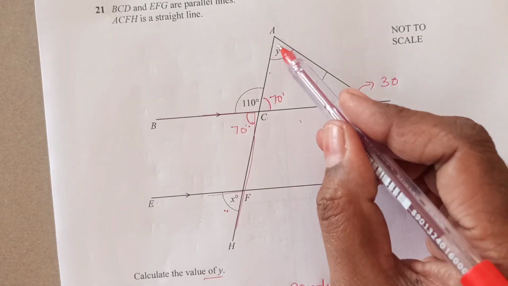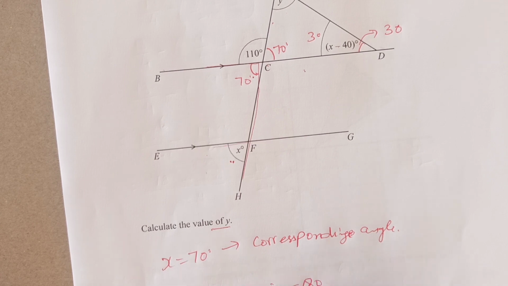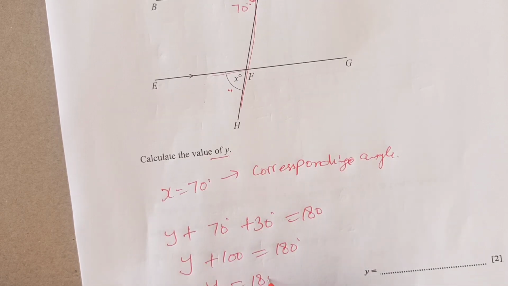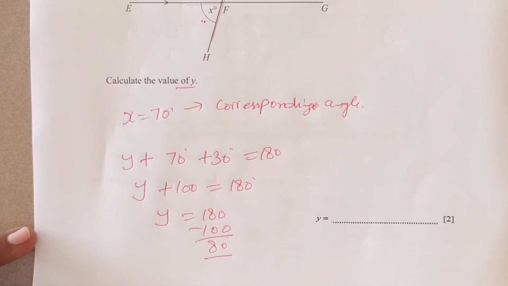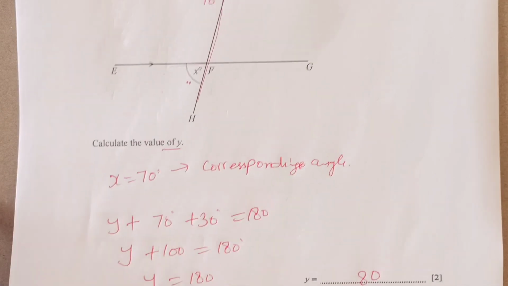In this triangle ACD, we have y plus 70 plus 30 is 180. So y plus 100 is 180. So y is 180 minus 100, which is 80, right? So the value of y is 80, right?